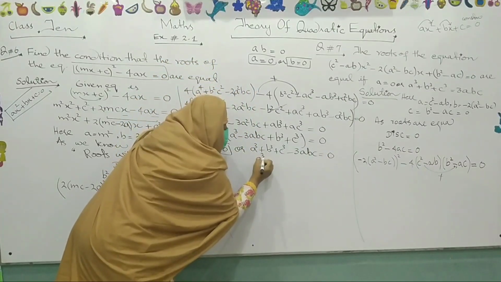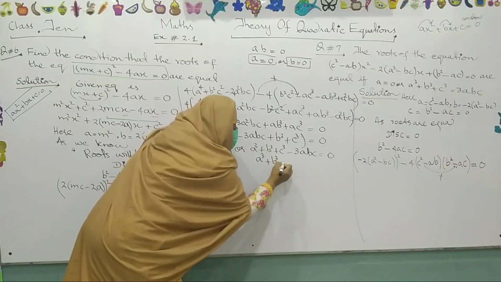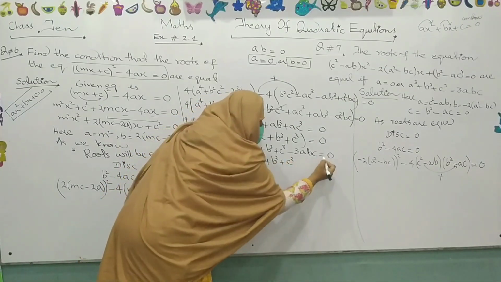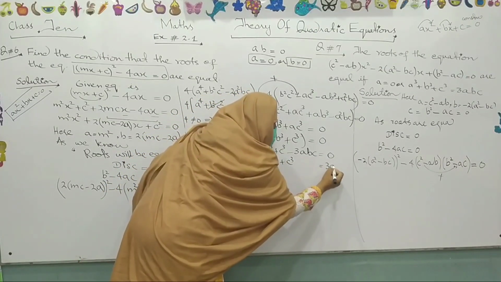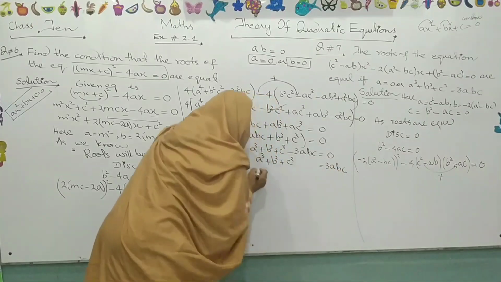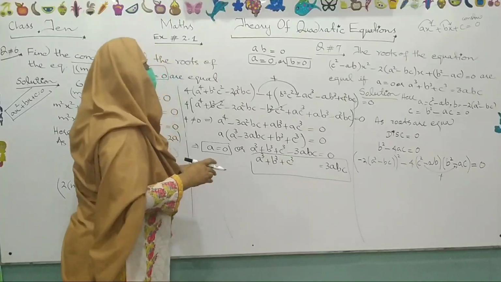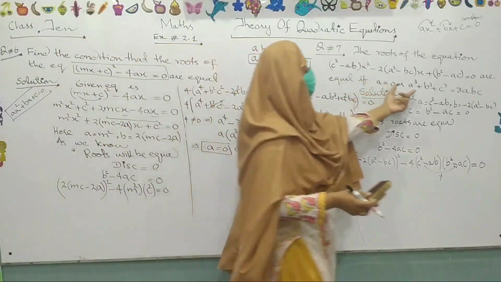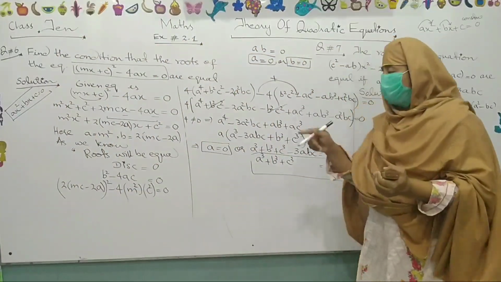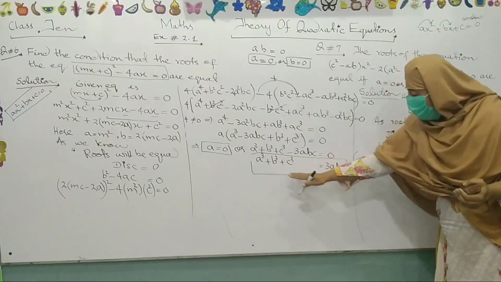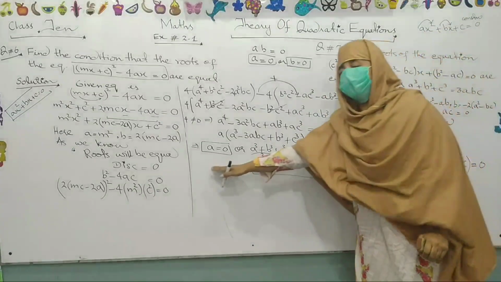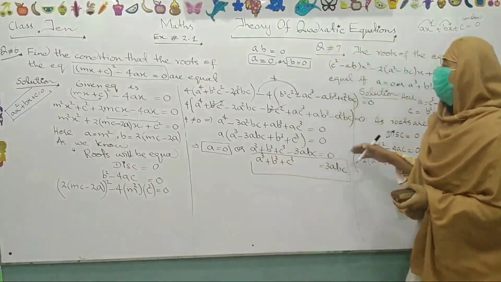Again, a cube plus b cube plus c cube, I will take to the other side, it will become 3abc. You have seen students that we have proved the condition that roots will be equal if either this equals 0 or this equals 0. So we have proved.